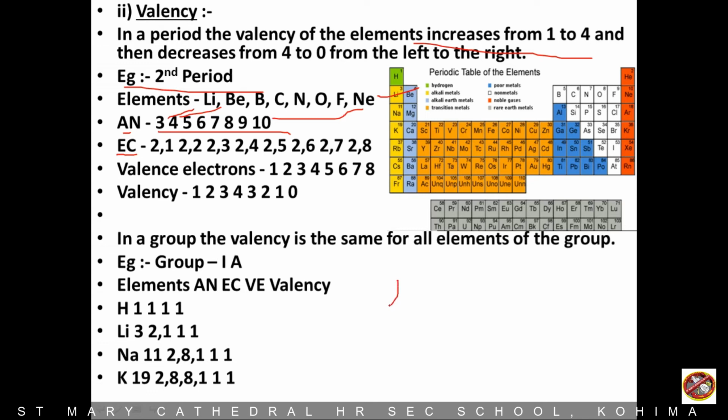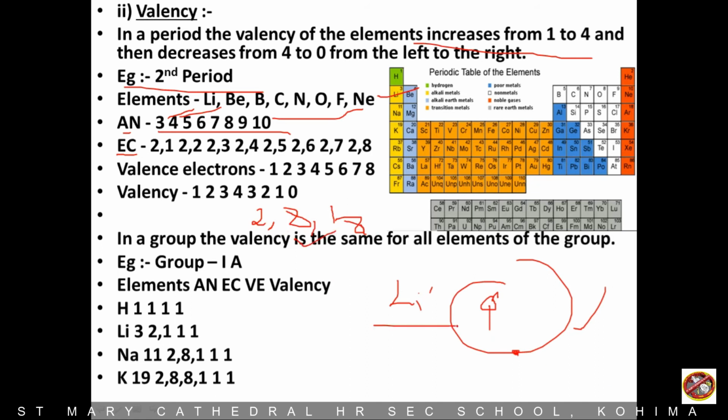When we talk about lithium, make the diagram again: 2 and 1. To become stable, we have come to know that the outermost shell should have 2 in the first shell, 8 in the second, then 18, 32, right? So to become stable, they should acquire this number in their outermost shells.